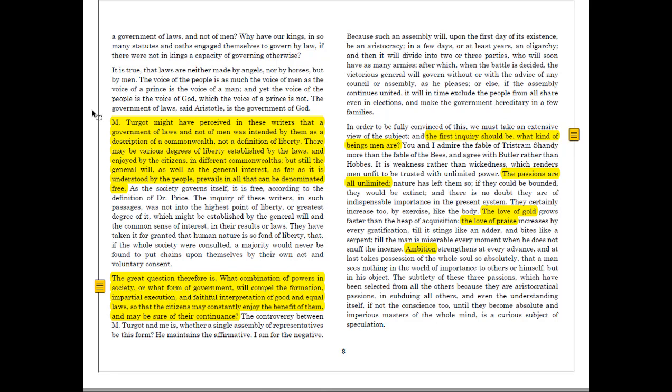M. Turgot might have perceived in these writers that a government of laws and not of men was intended by them as a description of a commonwealth, not a definition of liberty. There may be various degrees of liberty established by the laws and enjoyed by the citizens in different commonwealths, but still the general will, as well as the general interest, as far as it is understood by the people, prevails in all that can be denominated free.